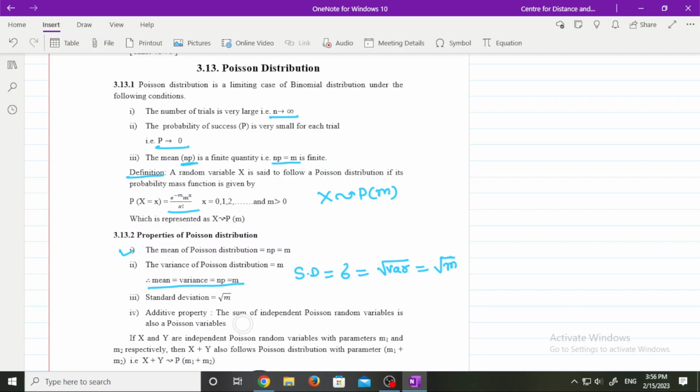Then the additive property: the sum of independent Poisson random variables is also a Poisson variable.